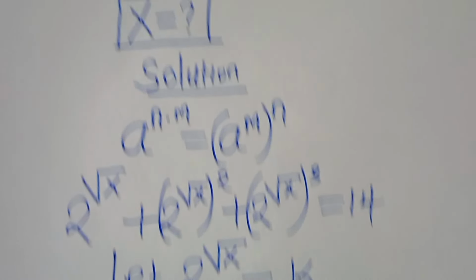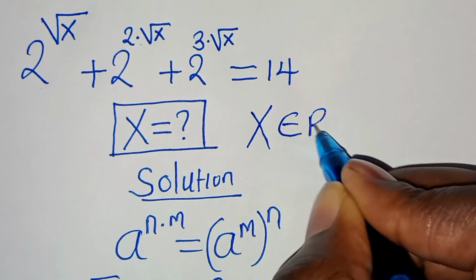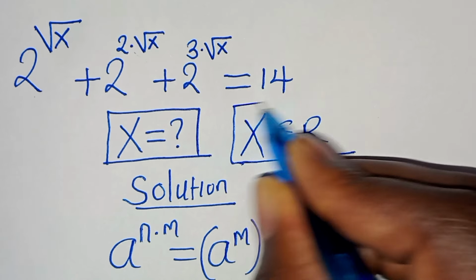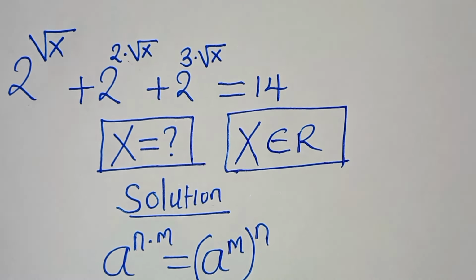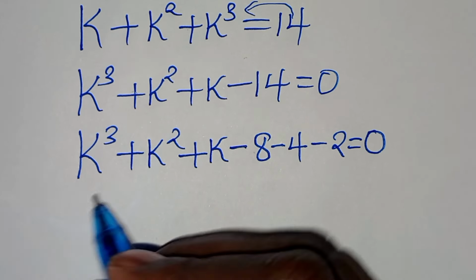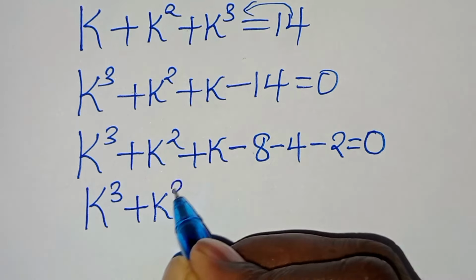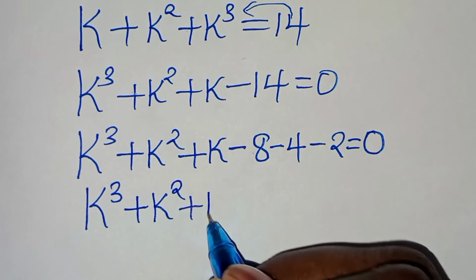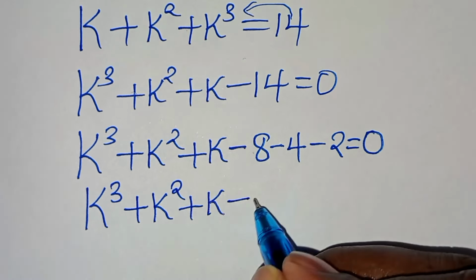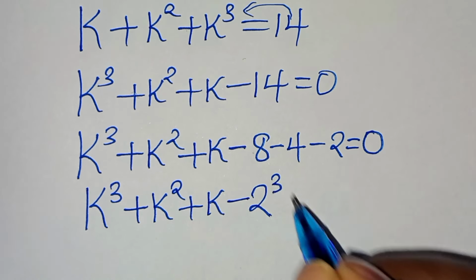And something to note here is that x is an element of real numbers. Now let's proceed here. So we have k to the power of 3 plus k to the power of 2, then plus k, subtract 8, which is 2 to the power of 3. We can express 8 as 2 to the power of 3.